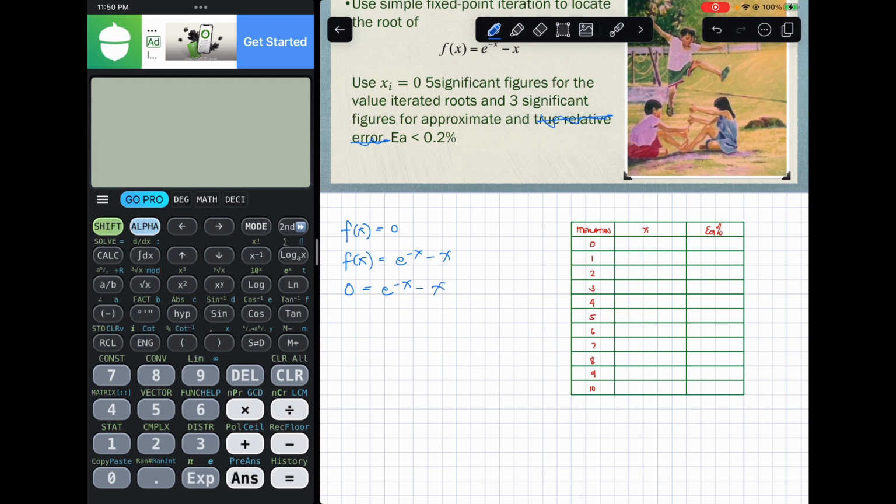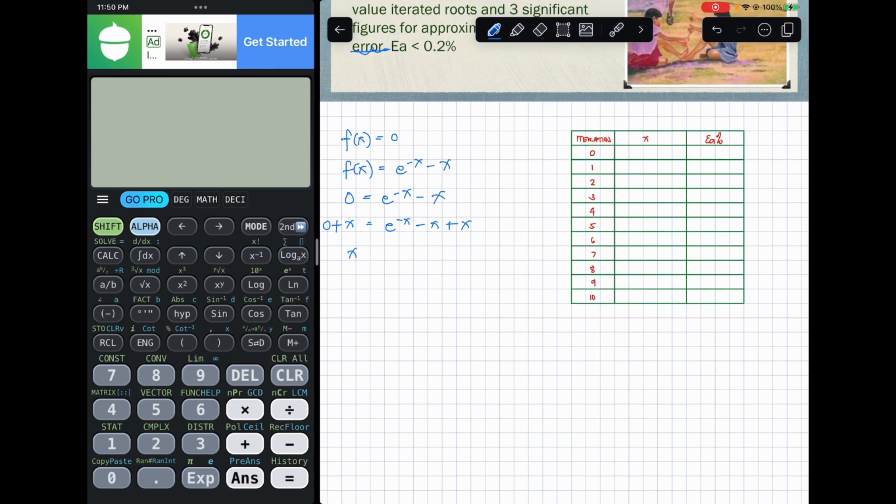Afterwards, we add x to the left hand side and to the right hand side of the equation. That gives us x equals e raised to negative x minus x plus x. Finally, x is simply equal to e raised to negative x, because minus x plus x is 0.